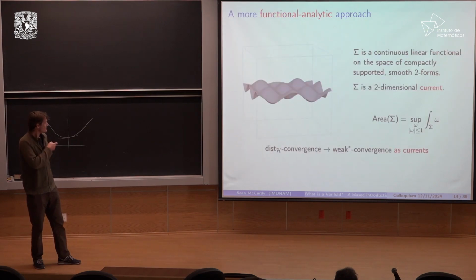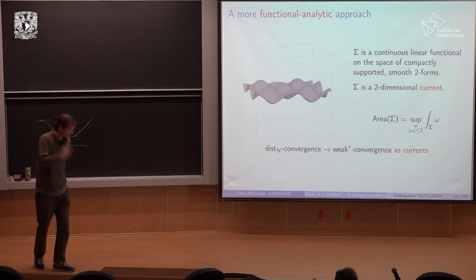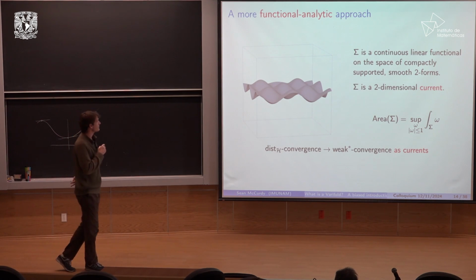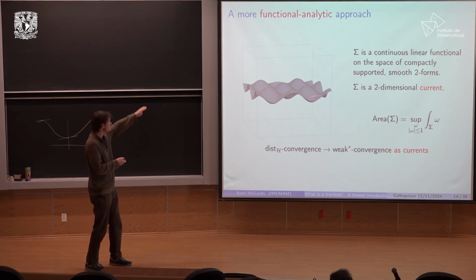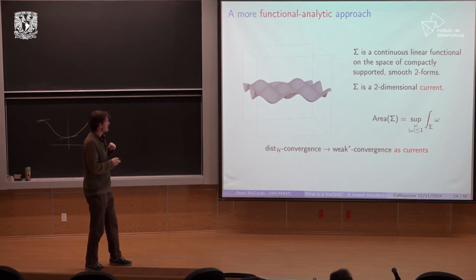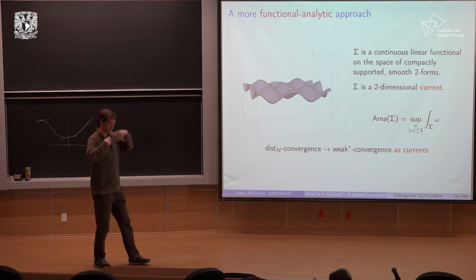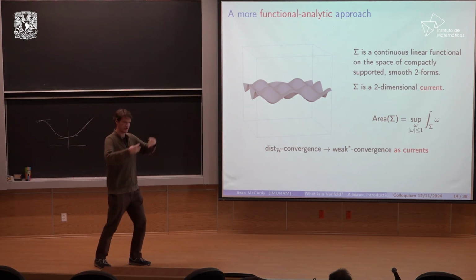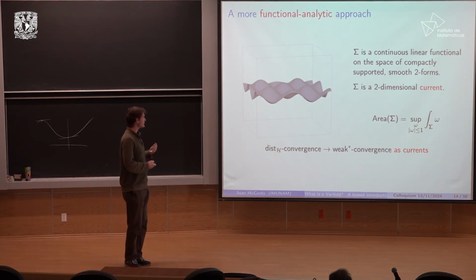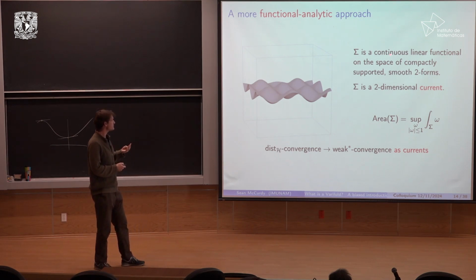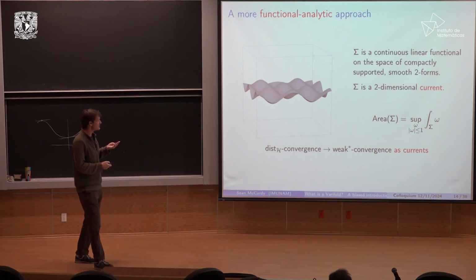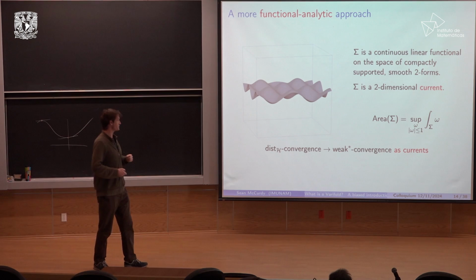Okay. So for a different approach, we might start with a smooth submanifold and realize that this smooth submanifold lets me do differential geometric integration theory. And I can realize that this smooth submanifold is actually a continuous linear functional on the space of compactly supported smooth two-forms, a differential geometry approach.